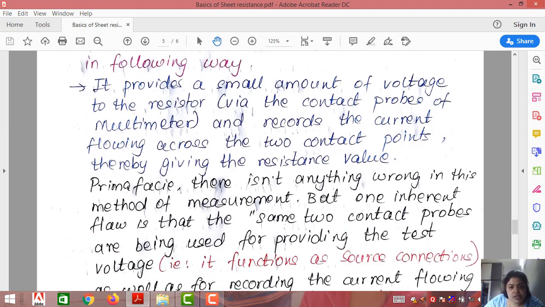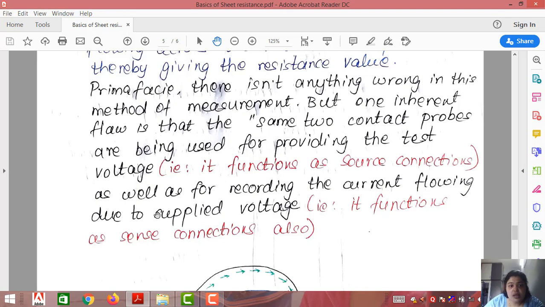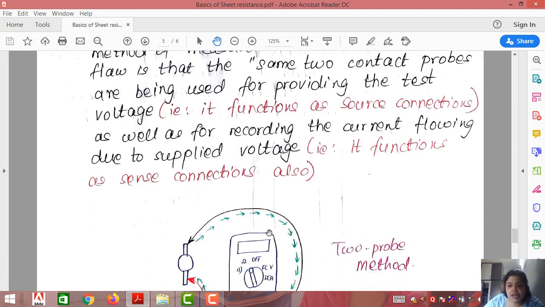Prima facie, there isn't anything wrong in this method of measurement, but there is one flaw, one defect in this method. The same two contact probes are being used for providing the test voltage, that is, they function as the source connection, as well as for recording the current flowing due to the supplied voltage. The same two probes are used, so they function as the sense connection also.